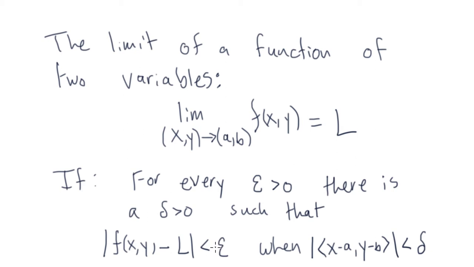So it's very similar to the definition of the limit of a function of one variable. And we can extend this definition to functions of more than two variables as well.